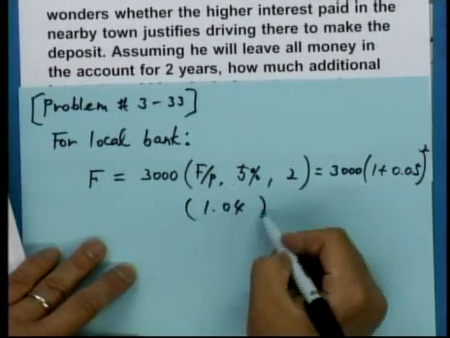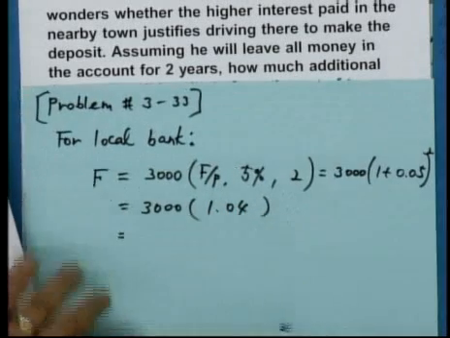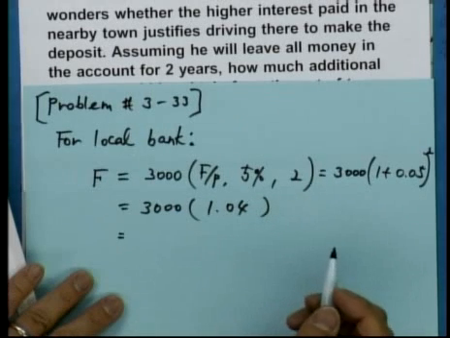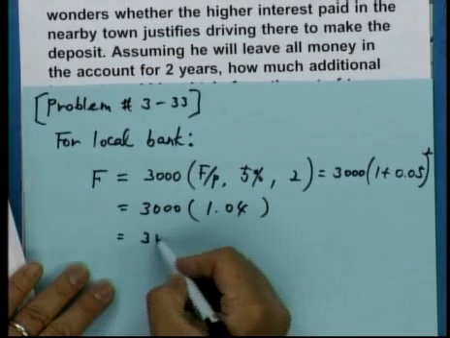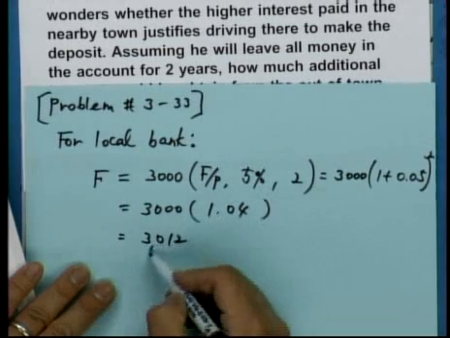So 3,000 times 1.04, how much is that? $3,012.